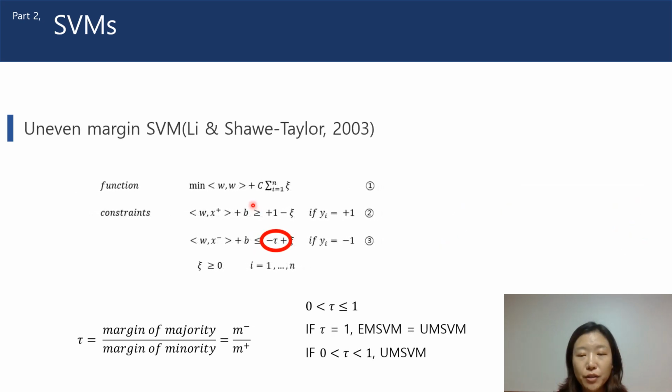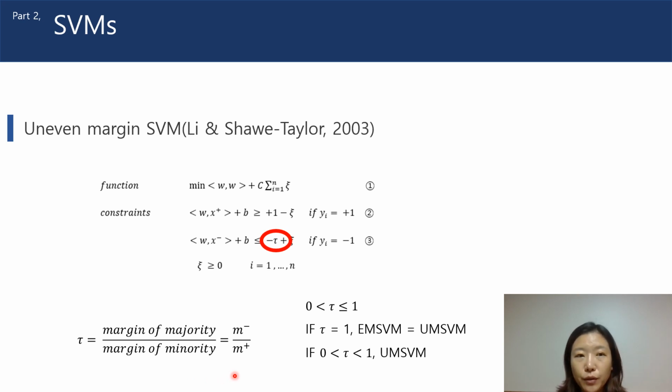This is the function of UMSVM. The objective function is the same as EMSVM, but in equation 3, the constraint of the majority class part has minus tau instead of minus 1 of EMSVM. Tau is the margin parameter that adjusts the margin of the two classes, and it is defined as the ratio of the margin of majority and minority.